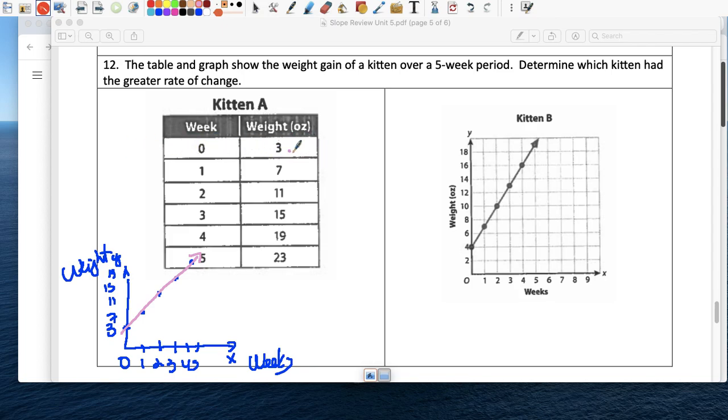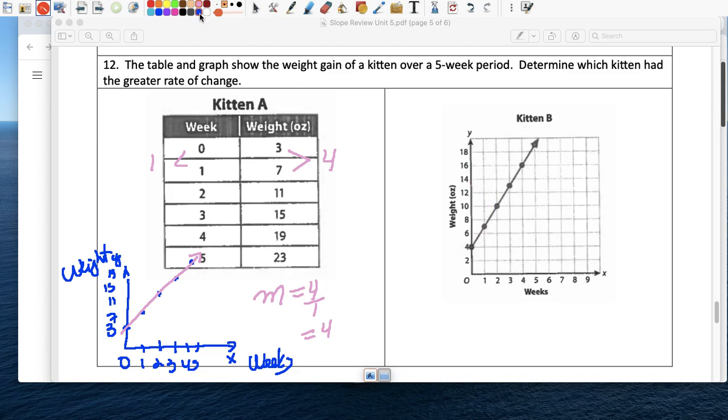Let's do y2 minus y1, we get 4. And then 1 minus 0 is just 1. So the slope for this guy here is 4 over 1. It's just 4. So this kitty is gaining 4 pounds every week.